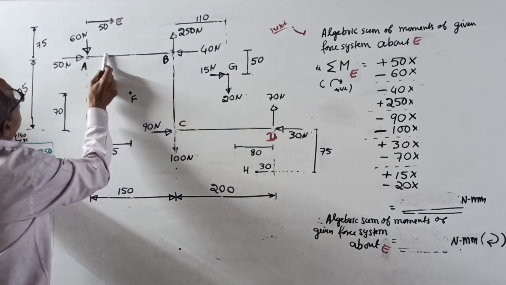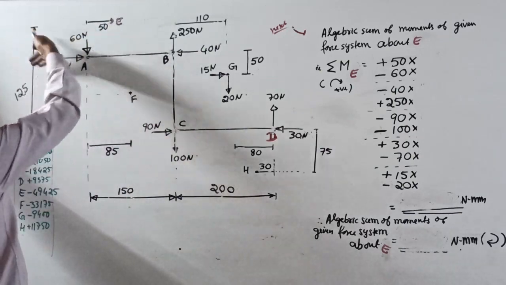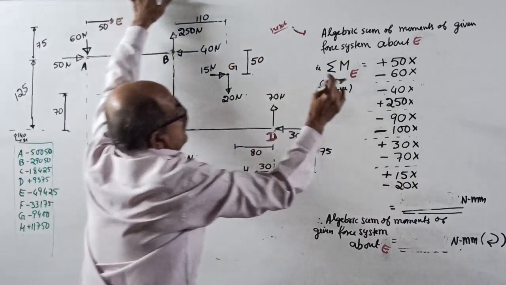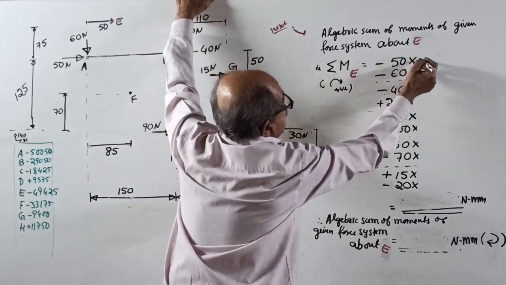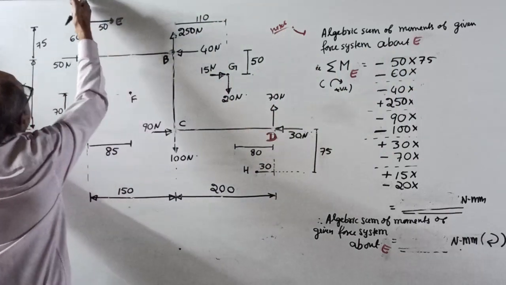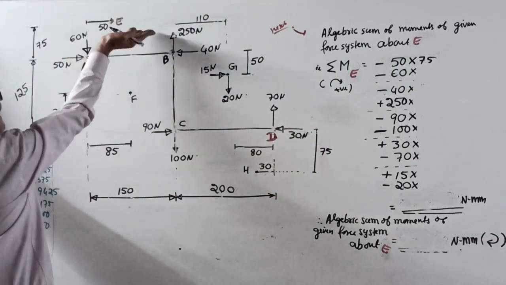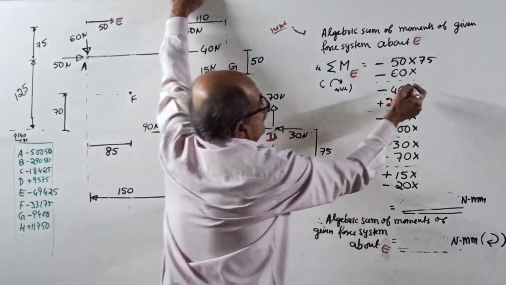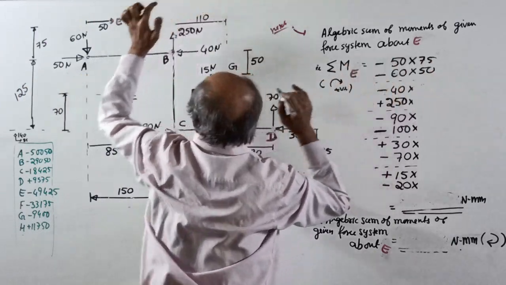50 into this distance, 75, anti-clockwise. Minus 50 into 75. Then 60 into 50 anti-clockwise. 60 into 50.